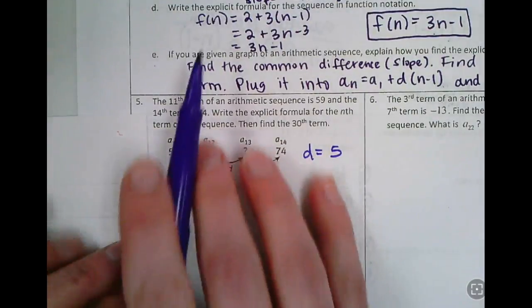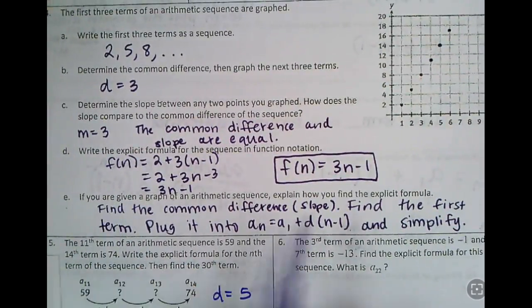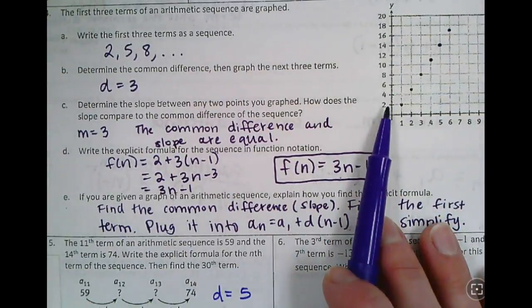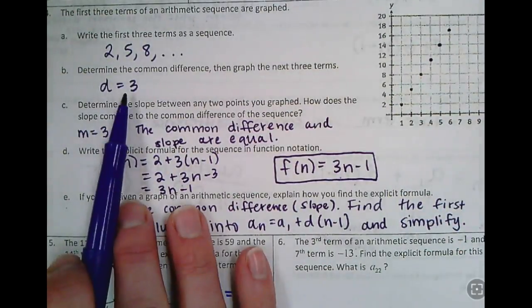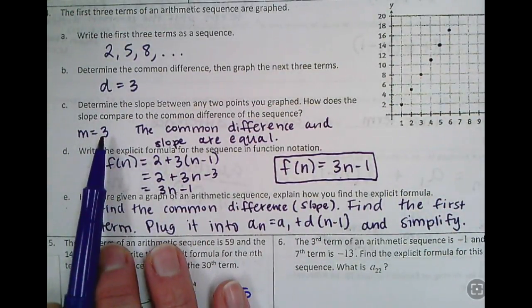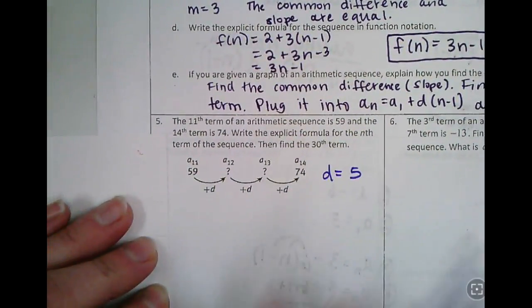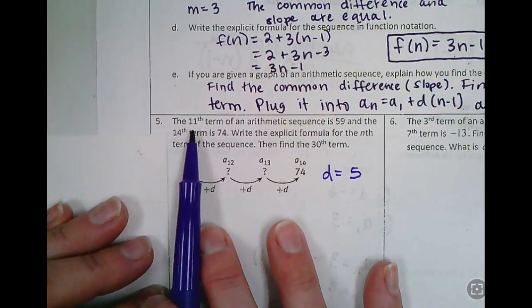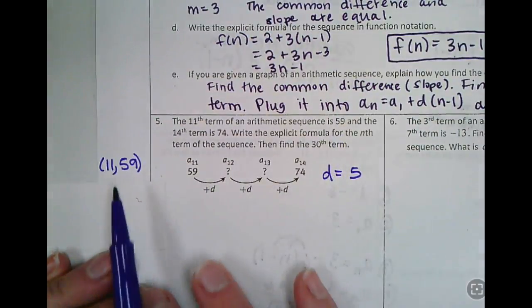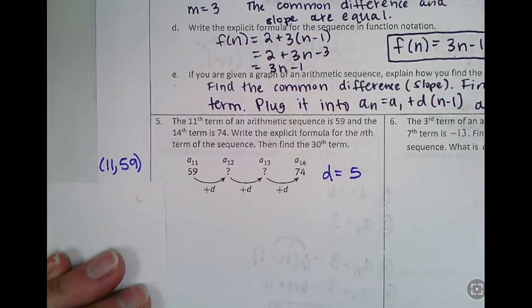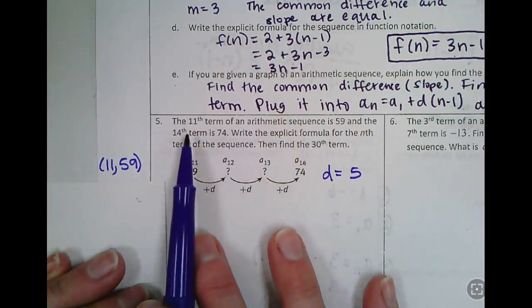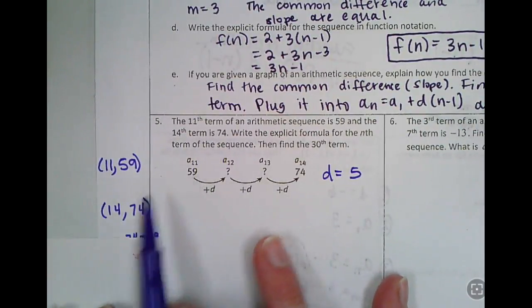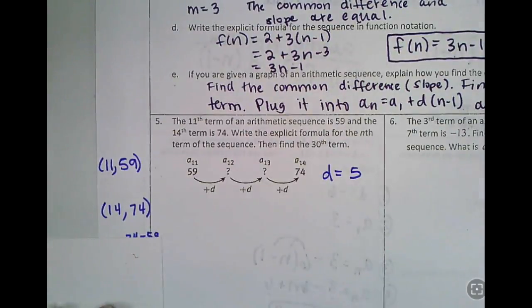Basically, if you remember from the beginning example, each of these terms in the sequence graphed out, and we know the common difference is the same as slope. So what I do is act like I was graphing these out. Well, the 11th term is 59 would be the ordered pair (11, 59). And the 14th term being 74 is also my point (14, 74).